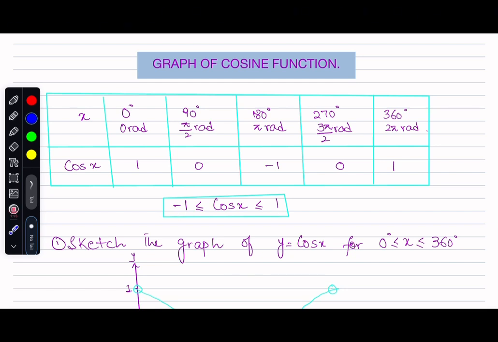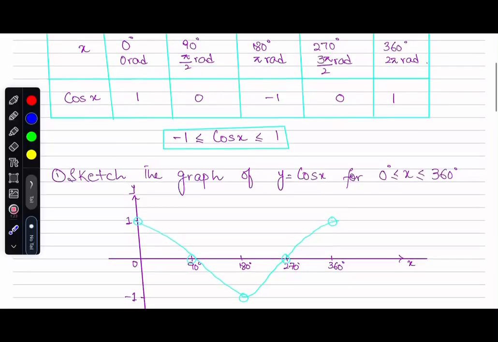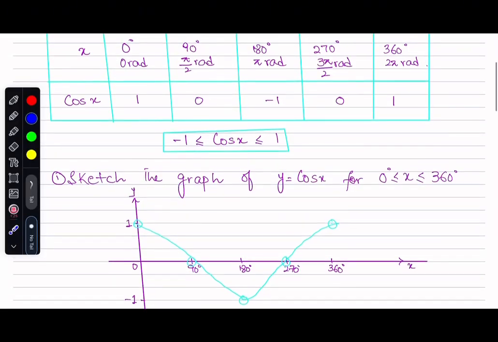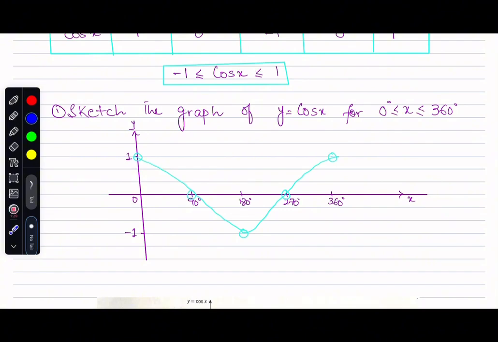So let's sketch the graph of y equals cos of x for 0 degrees less than or equal to x less than or equal to 360 degrees. For cos of x graphs, on the x-axis, I should be having 0, 90, 180, 270 and 360 degrees. This is my x-axis and I have the y-axis here.